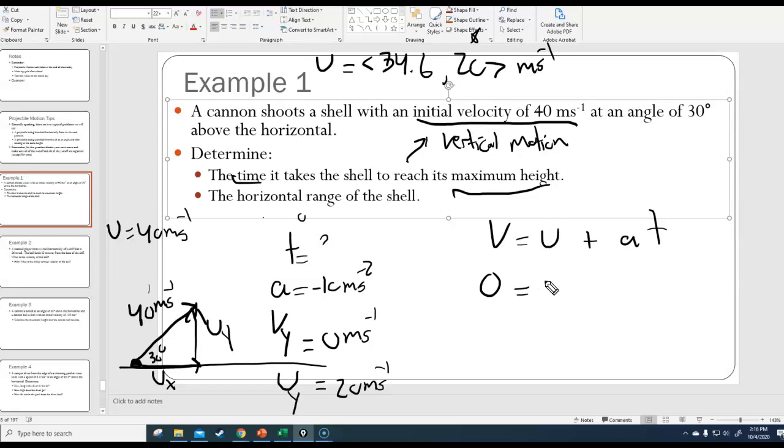So u is actually uy, that's 20 meters per second. And then I just solve it like a normal problem. Okay, I subtract 20 on both sides, I divide by negative 10, whatever, and I get t equals 2 seconds. Boom. That's it. T equals 2 seconds, and I'm done with that question. Okay, the first part of the question. Pause there if you need to look at it.